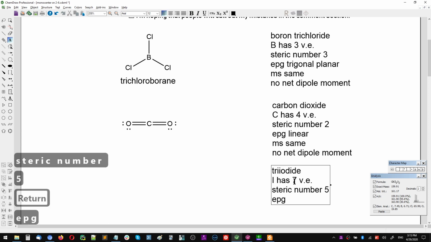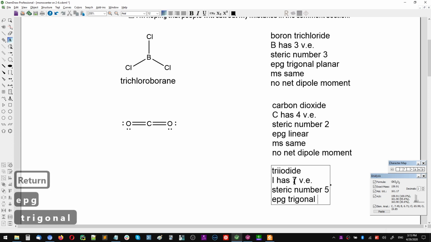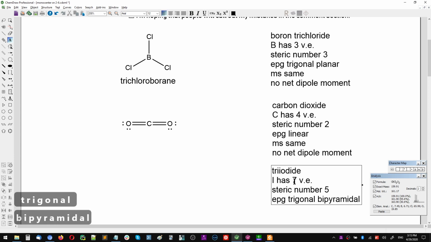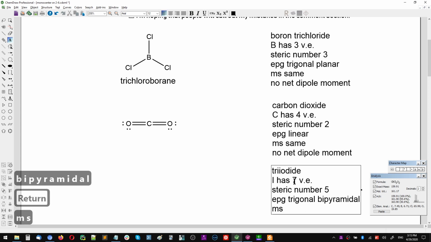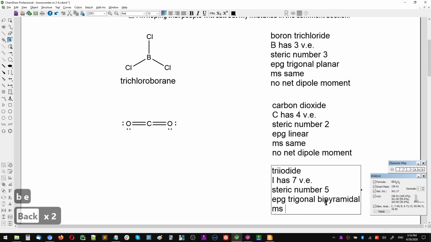The electron pair geometry will be trigonal bipyramidal. The molecular shape will be, I'm guessing, there's something suspicious here.